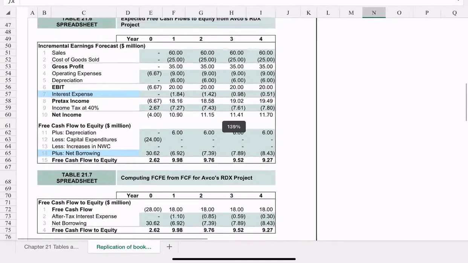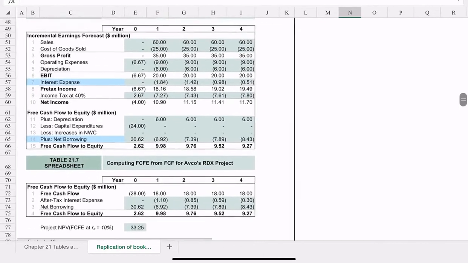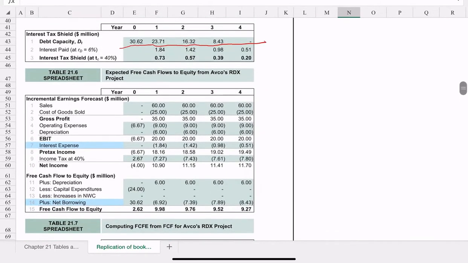So if you look at this first number, this essentially equals the level of debt here minus 0, right? Because in the beginning, the firm did not have debt. And then the firm increases its debt level by $30.62 million. Okay.